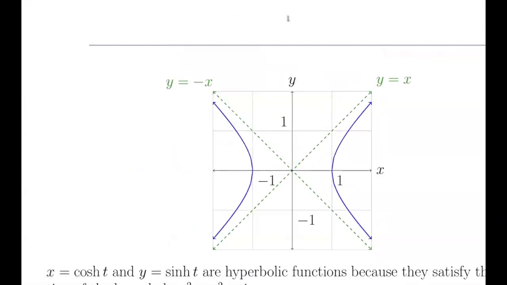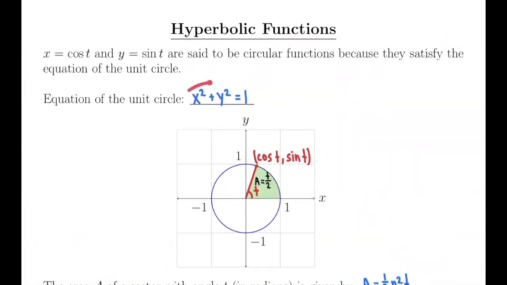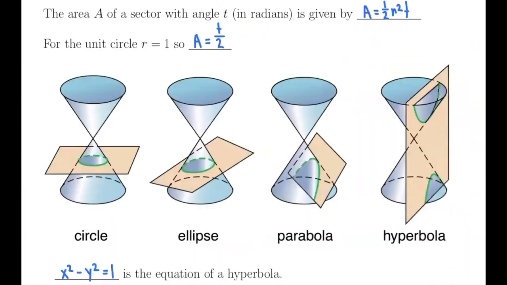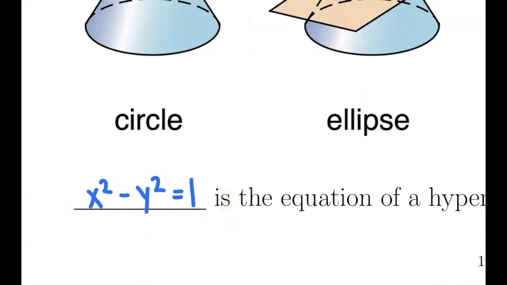So you know how trigonometric functions, like I said earlier, they satisfy the equation of the unit circle? They were very satisfactory. Very satisfactory. But now we want functions that satisfy this equation. We want some functions that satisfy the equation of a hyperbola. So those functions are called hyperbolic functions.